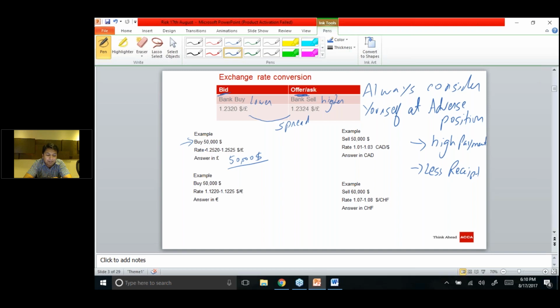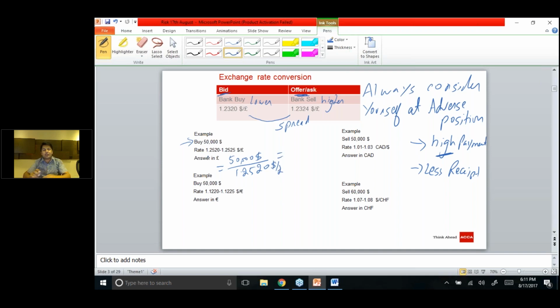Obviously, in order to buy the currency, I have to pay. And remember the principle: if you have to pay, you pay more. So I have to divide this by the lower number. If I divide with the lower number, the answer will be high.